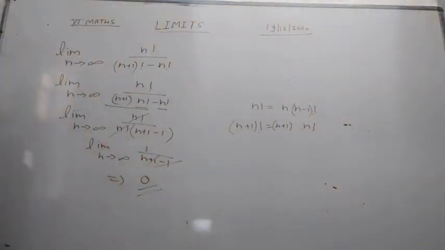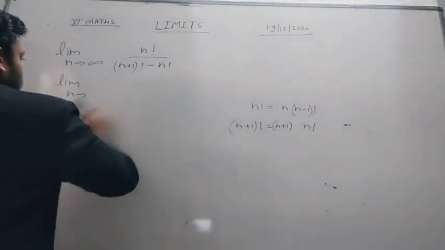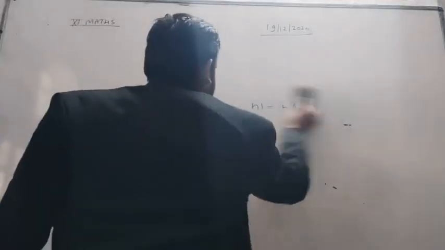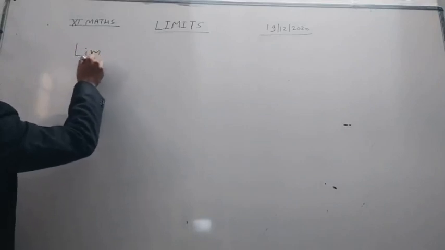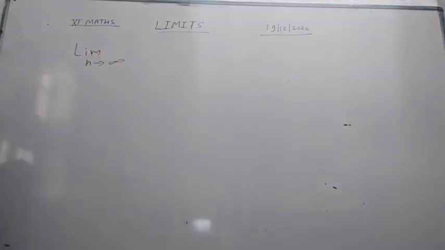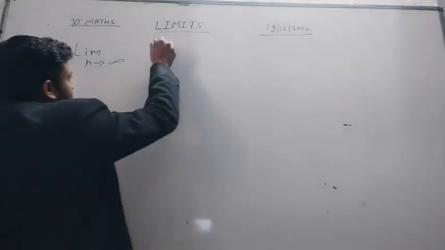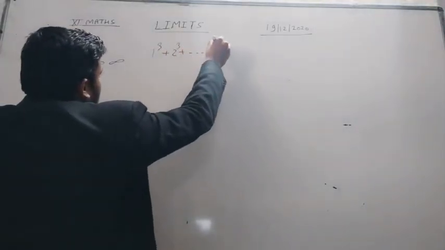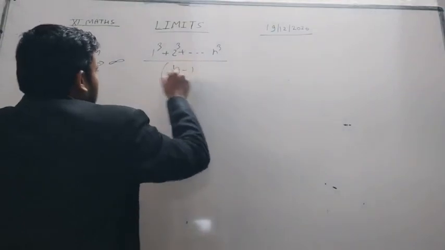Okay, student. Now we see the next question. Our next question is the limit as n tends to infinity of 1 cube plus 2 cube plus dot dot dot n cube by n minus 1 to the power 4.